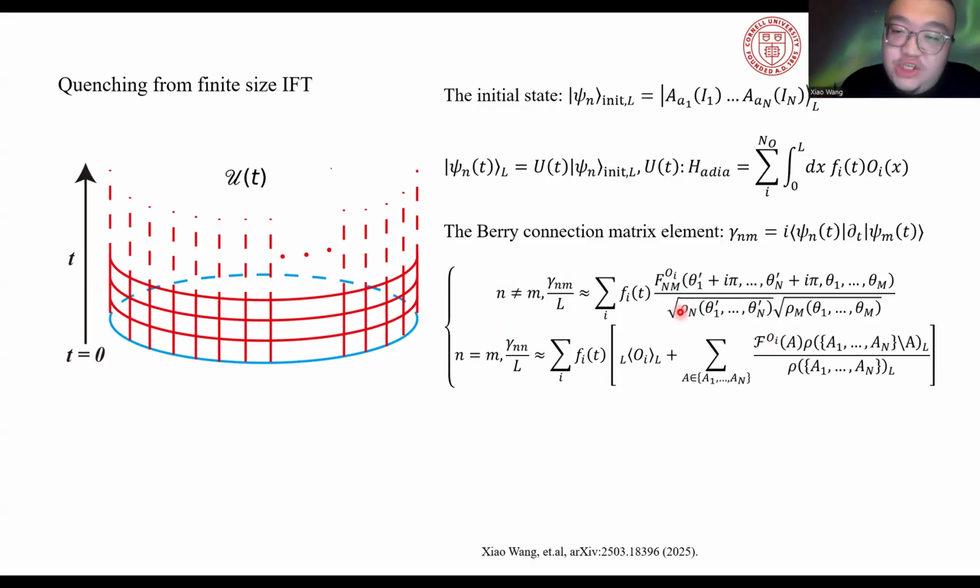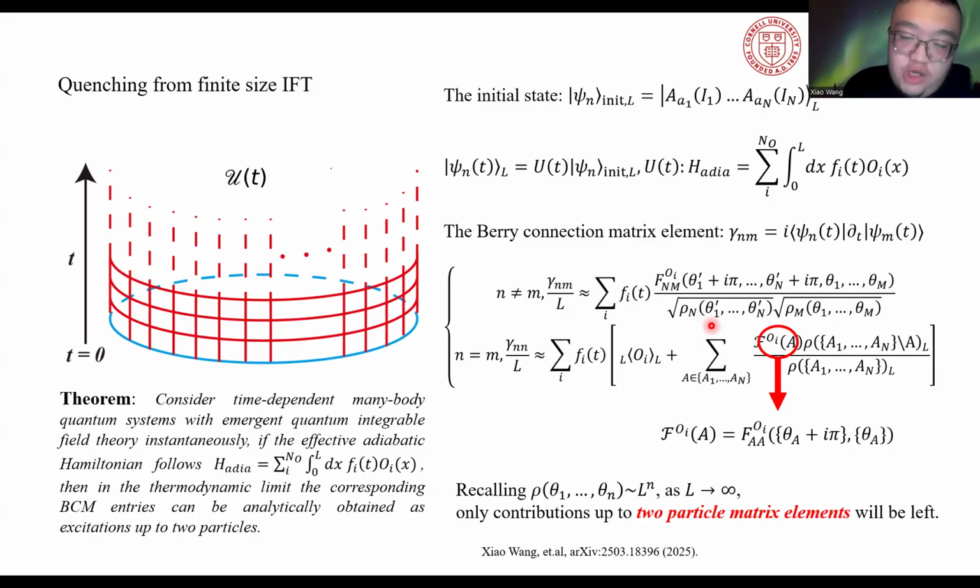There will be some additional density of states shown as a Jacobian in the denominator. And if we recall the property of the Jacobian, which reflects the density of states for the many-particle eigenstates, we will find that the Berry connection matrix element for the multi-particle states will only have contributions from up to two-particle matrix elements.